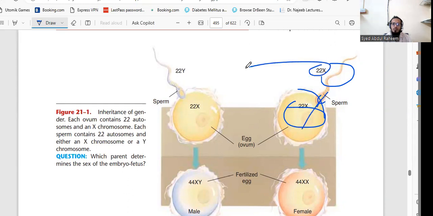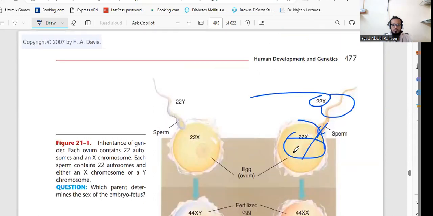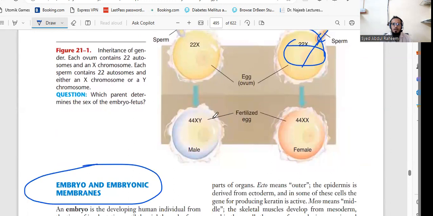So we know that there are 22 chromosomes from mother and 22 from father, plus the sex chromosome, X, XX or XY. Then fertilization will begin. So 22 plus 22, that is 44 chromosomes, plus the sex chromosomes.